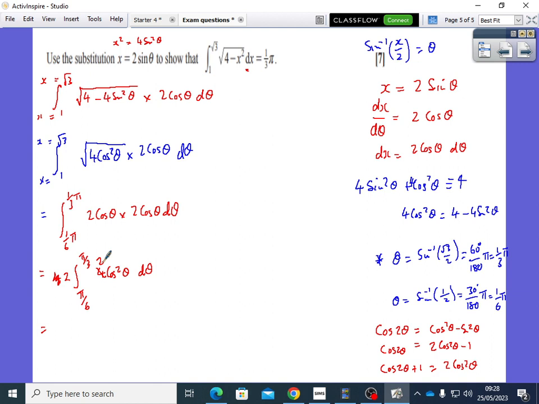And now when I've got 2 cos squared theta, I'm going to replace it with that. So I've got 2 outside, keep my limits there, which I've changed in terms of theta, and 2 cos squared theta is replaced by cos 2 theta plus 1 d theta.